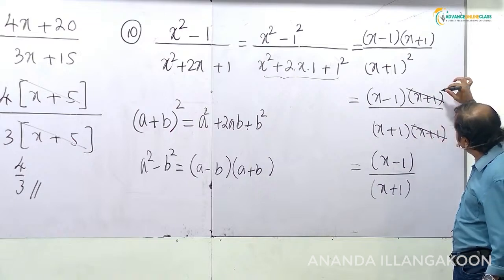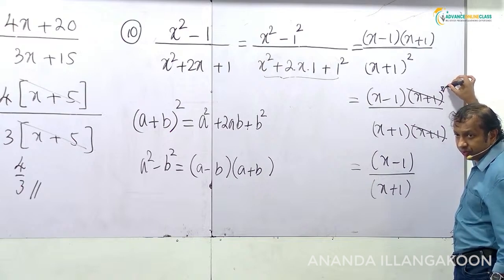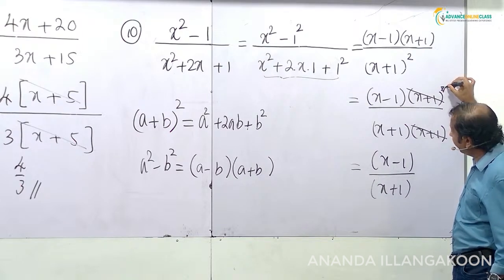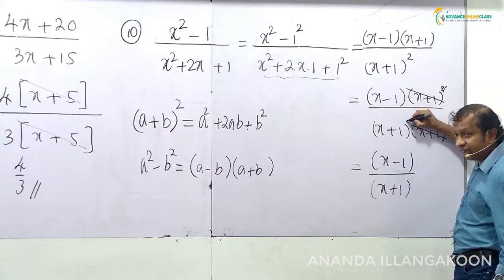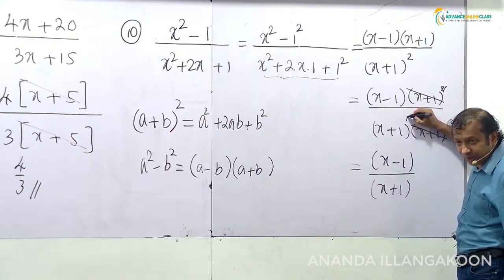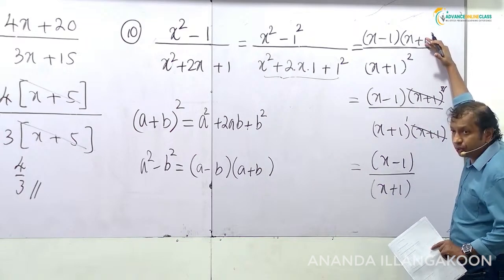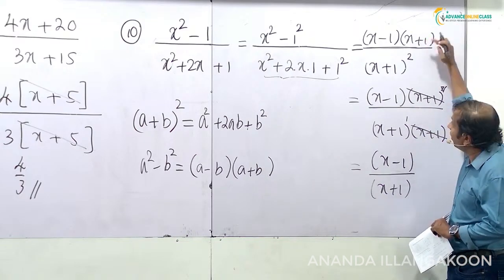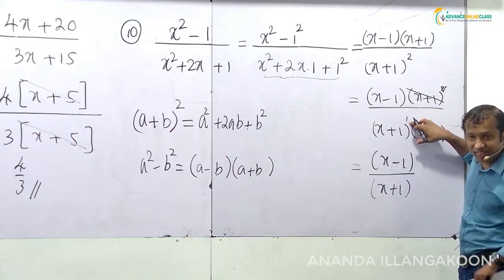Once you do the cancellation, this (x + 1) will vanish from the numerator. And here, power 2, after cancelling with this, came to power 1. Therefore, to get this, finally this (x + 1) should be removed from the numerator, and the power 2 should be reduced to power 1.